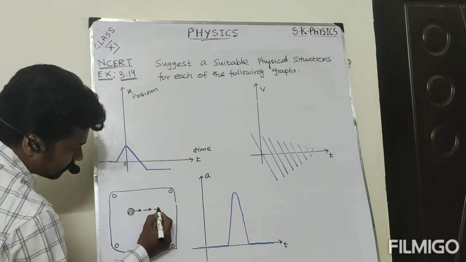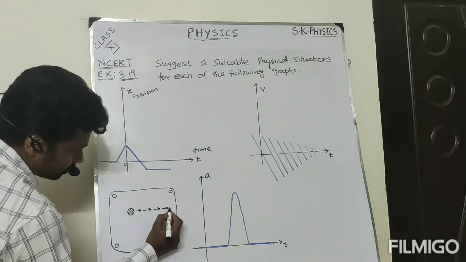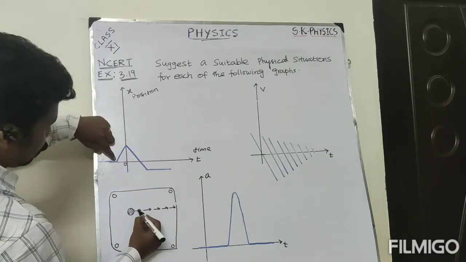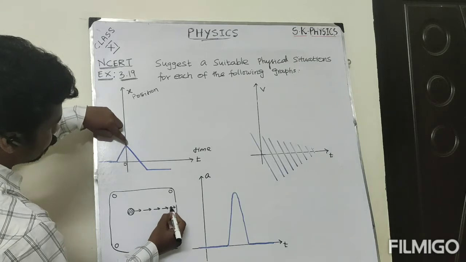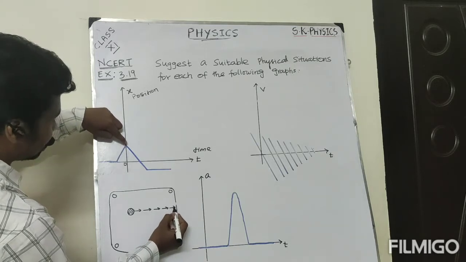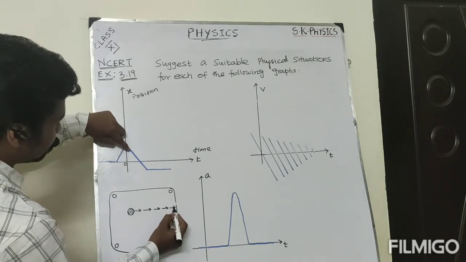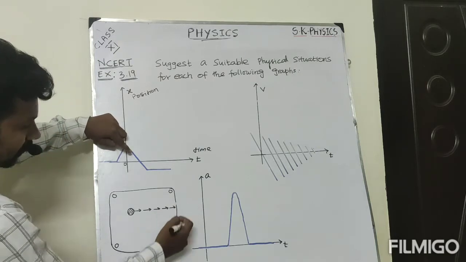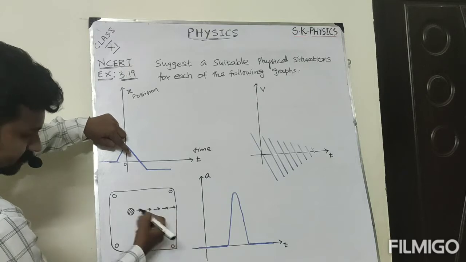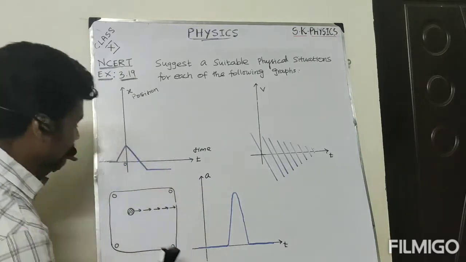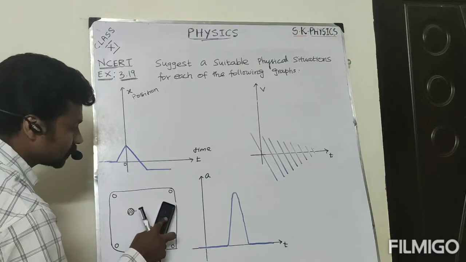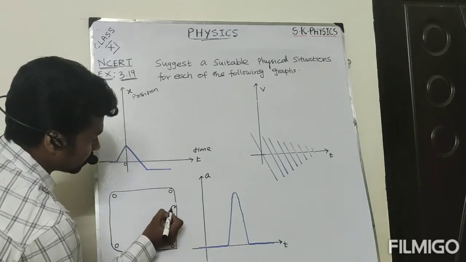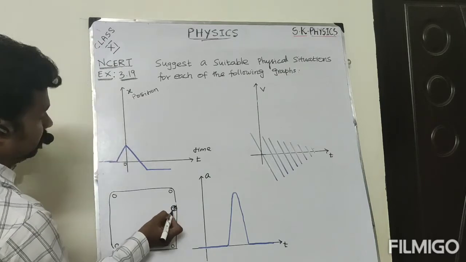Time is increasing, the position is also changing. After that, the distance is reducing. What happened? Maybe after hitting the wall, it comes back. So now the coin hits the wall.